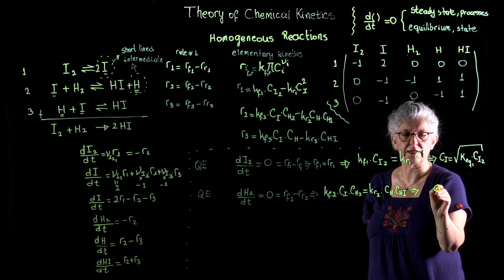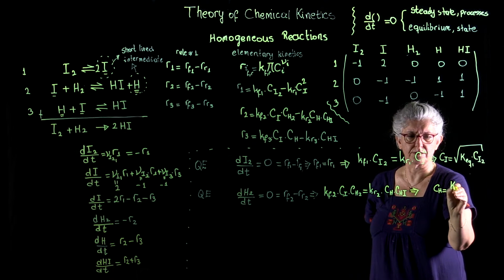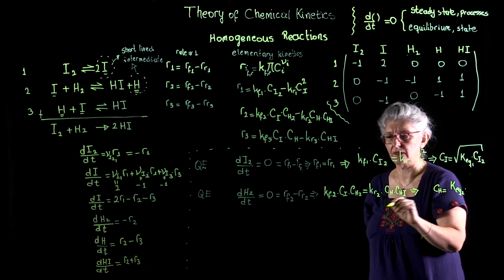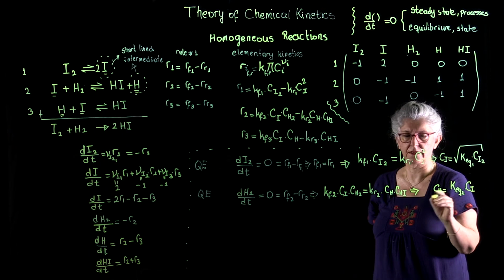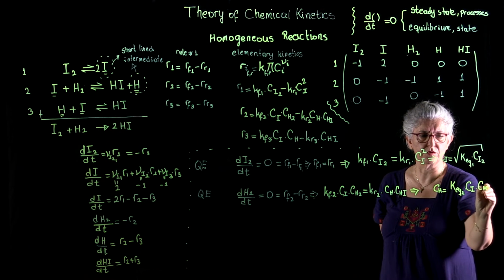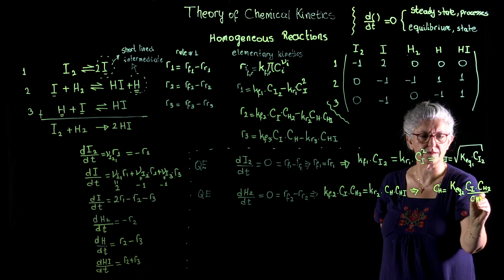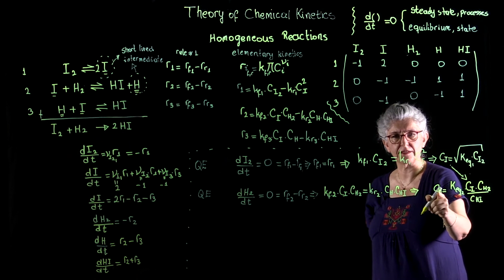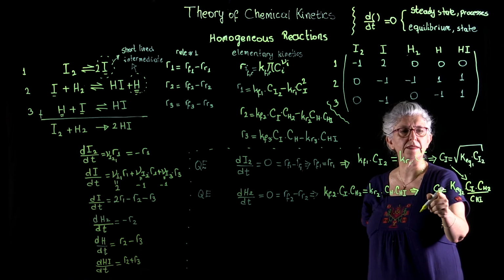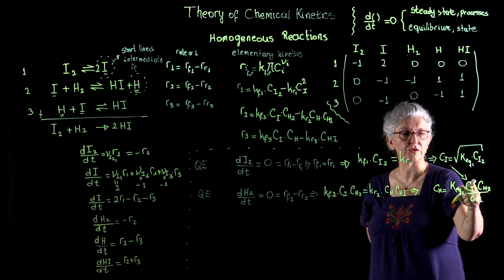I get C_H as K_2 times C_I times C_H2 divided by C_HI. And I know already C_I is going to be provided here. Now I have the concentration of short-lived intermediate H in terms of the concentrations of iodine molecule and hydrogen molecule.